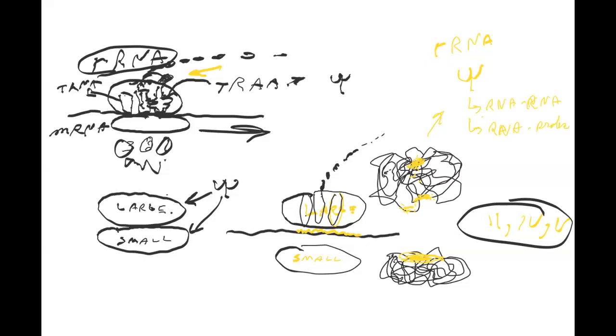But in addition, it helps with the folding of the ribosomal RNA to its proper form. So pseudouridine helps with folding these complex structures. Okay.